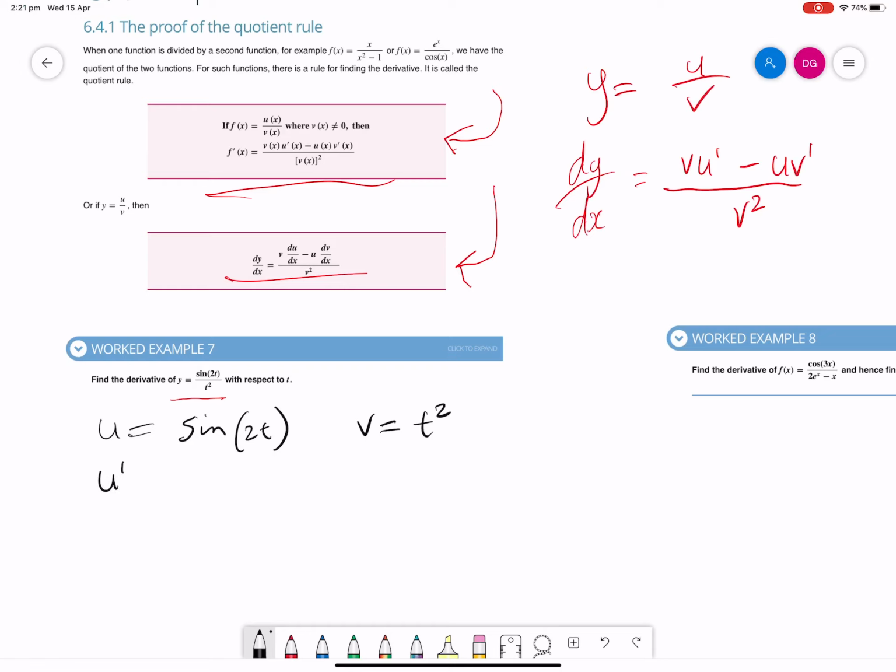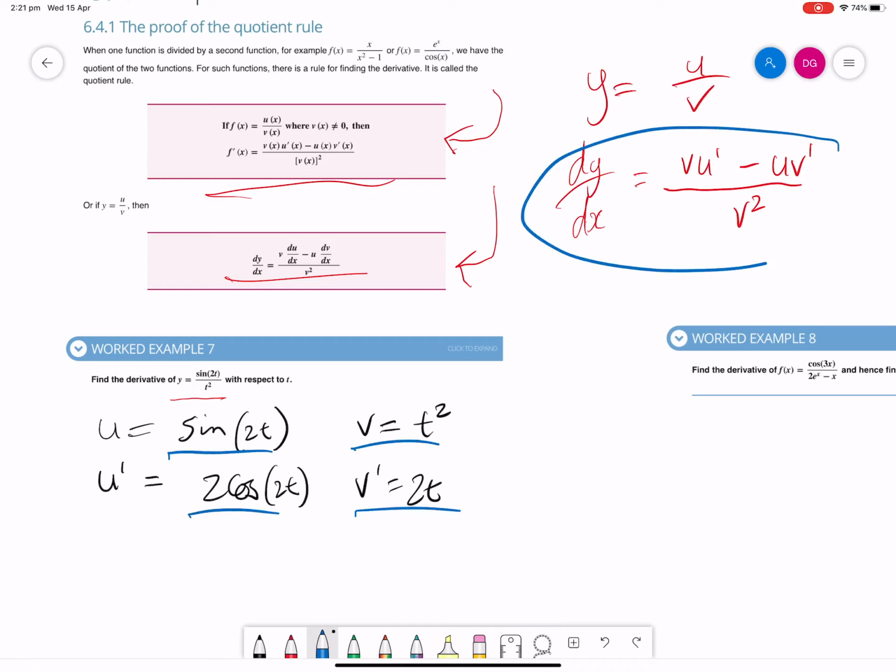So u dash is equal to 2 cos 2t, and v dash is equal to 2t. So now I take these things that I know, what u is, what v is, what u dash is, and what v dash is, and I'm going to put them into the formula.